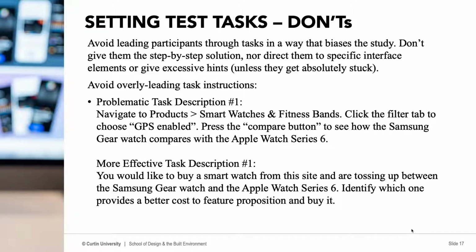So that might be like, you're a tech retailer and you're trying to find out how easy it is for people to navigate your website and compare the products that they want to buy. And if you give a prescription like that, then you're essentially giving the entire process away.